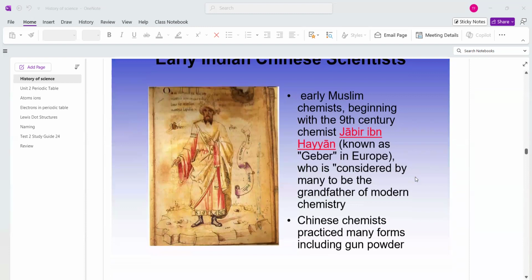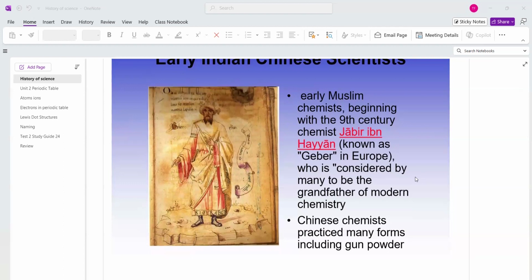Now, a lot of textbooks, particularly, pay no homage to other cultures regarding science. Two good examples are the Middle East and China. They were doing stuff way before Europe was, way before Europe.